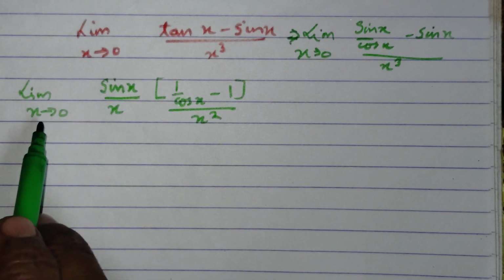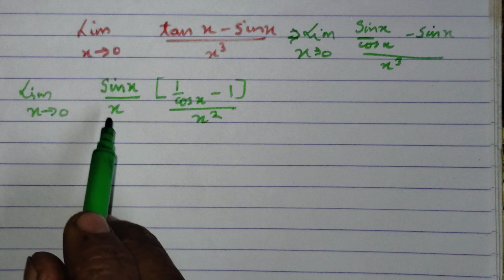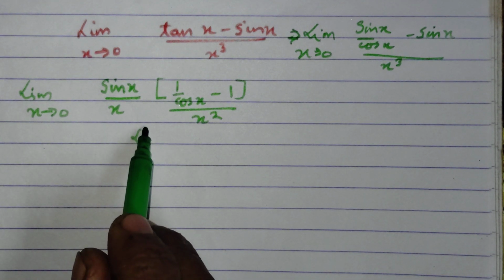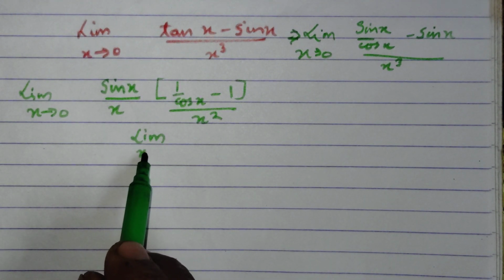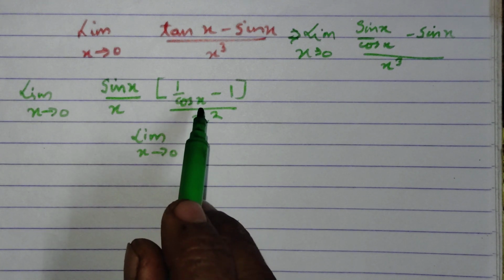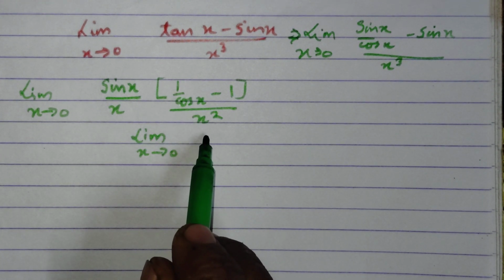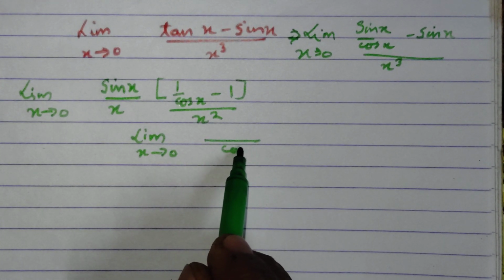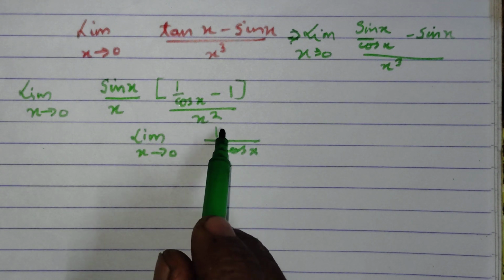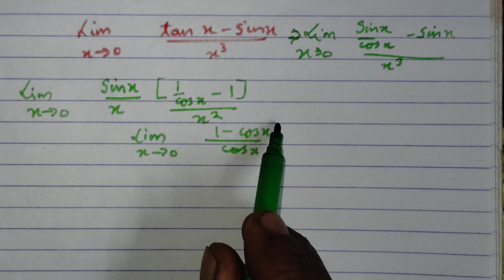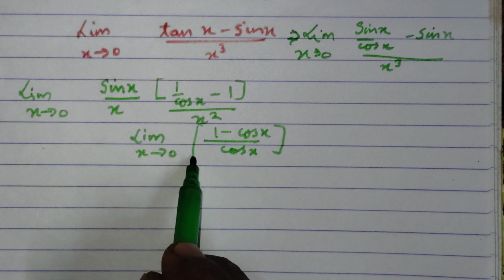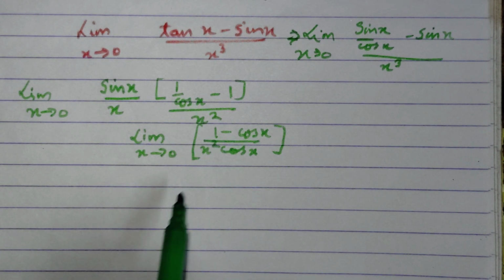Since sin x upon x, when x tends to 0, becomes 1, we remove it. Next is limit x tends to 0, and this term we solve taking cos x common, taking cos x LCM. So 1 minus cos x in the numerator upon cos x, upon x square, this will be left.